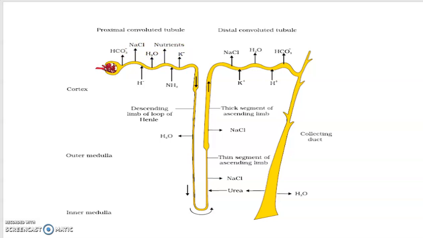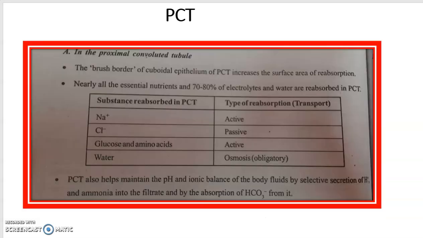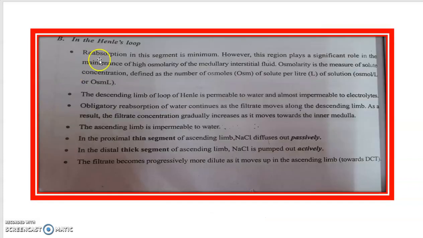Okay, now next part, PCT completed. The next part is the loop of Henle or Henle's loop. It was asked in previous NEET exams two to three times. The reabsorption in this segment is minimum.